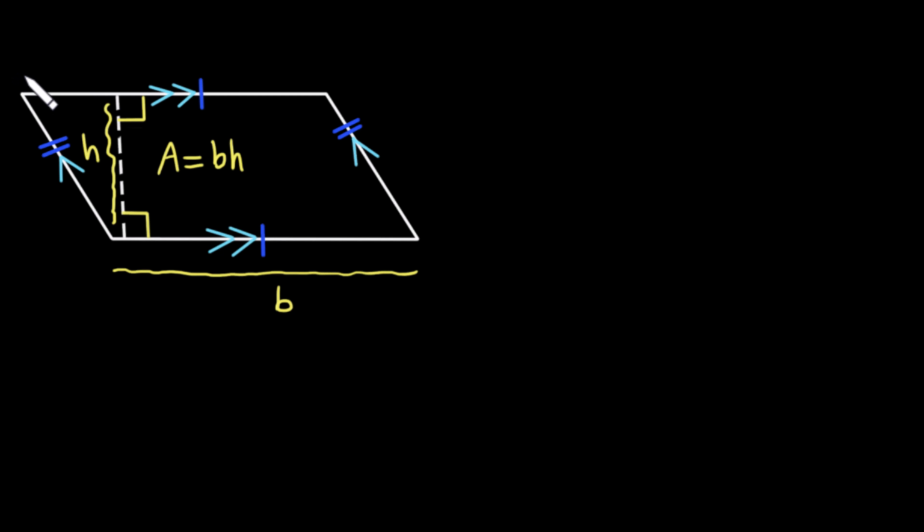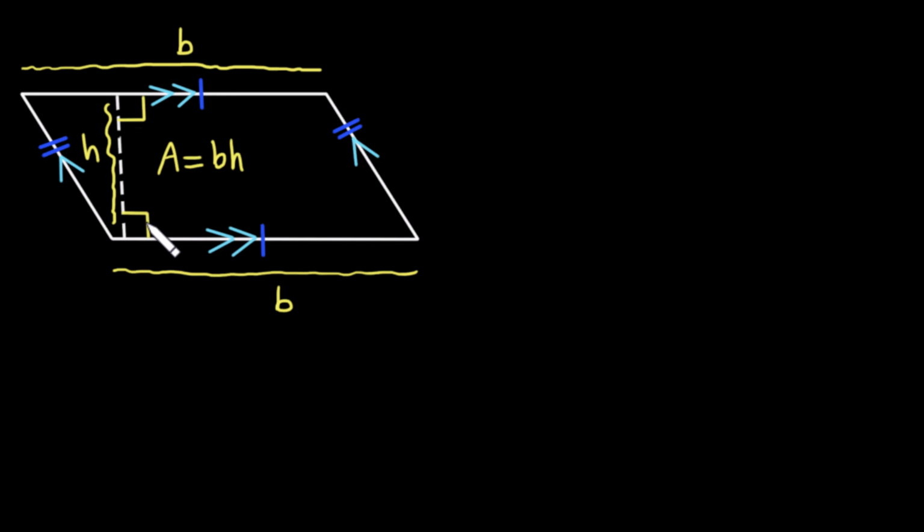And of course this one is the base as well. Why? Because this side is equal to this side. So here is the base and here the height, or this is the base and here is the height.